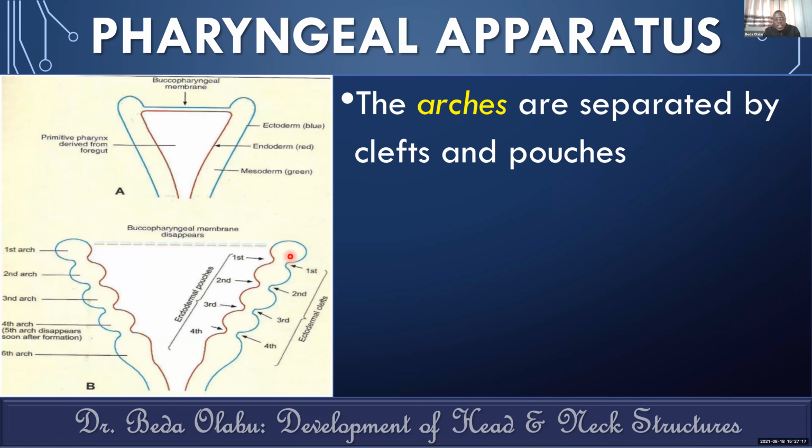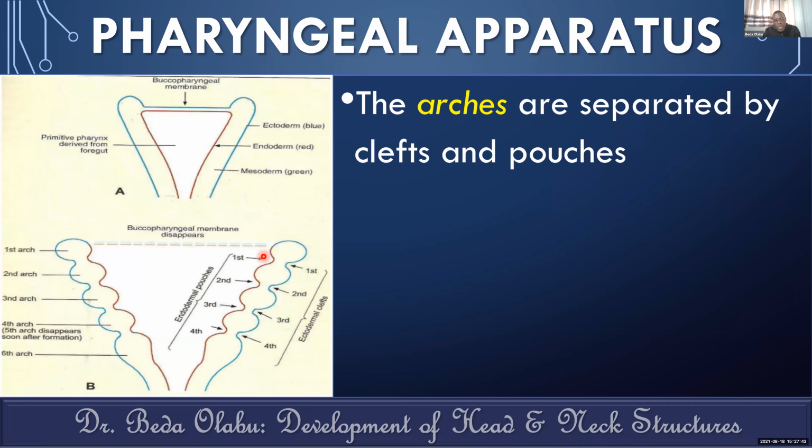And similarly, the depression that separates one arch and the next one externally is called a pharyngeal cleft. Some people call them pharyngeal grooves. So a pharyngeal cleft or a pharyngeal groove is lined by ectoderm because it is from the outside.